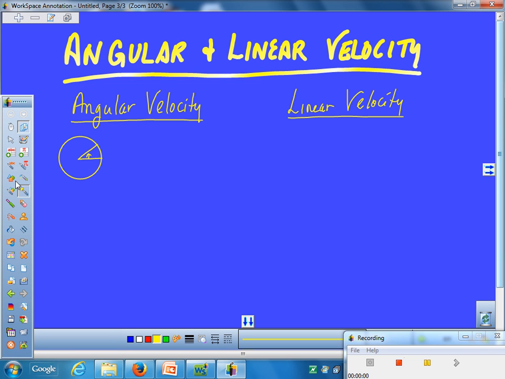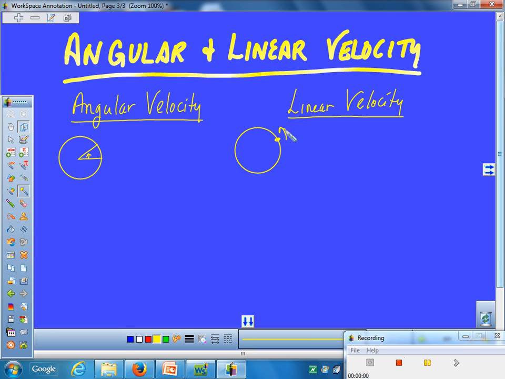When we talk linear velocity, we are talking about how fast something on the edge of the circle is moving. So angular is how fast the center is moving. Linear is how fast the edge is moving. So angular velocity is how fast Earth is spinning, where linear is how fast the satellite is rotating around us.